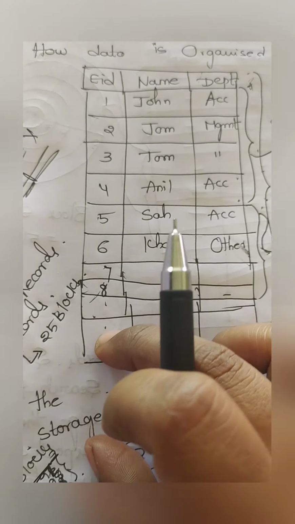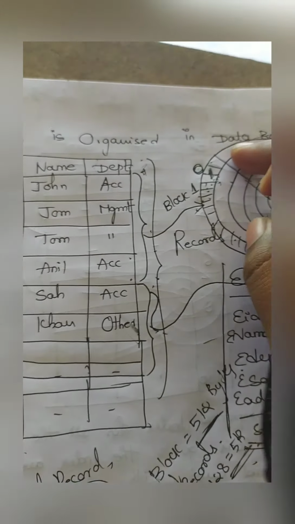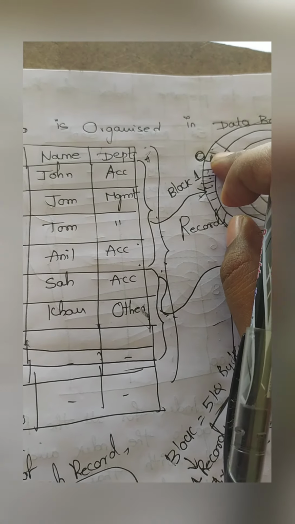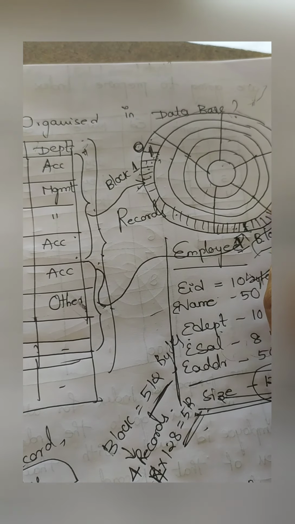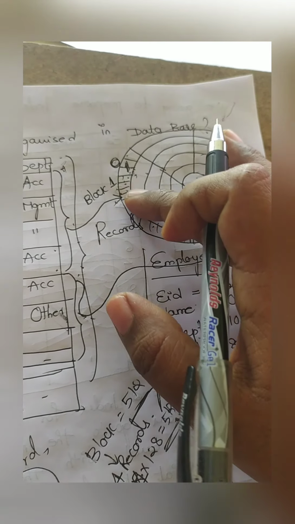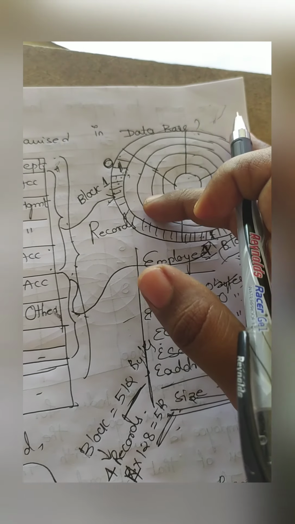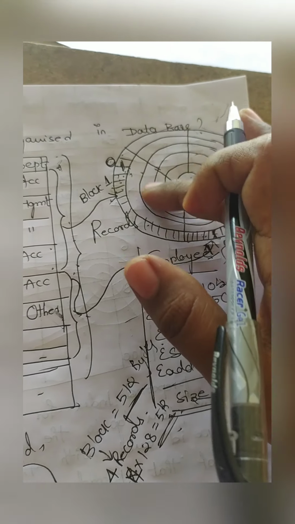When we want to access the 94th employee record, it will start from the first block, rotate, read all the data, and then seek the data block.